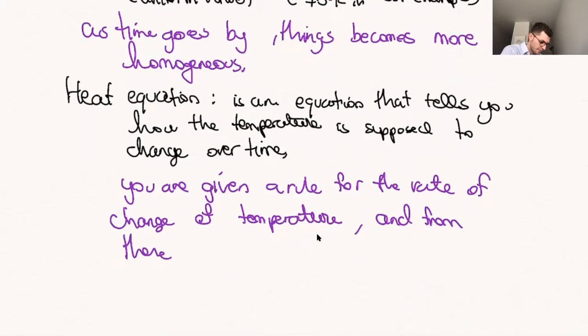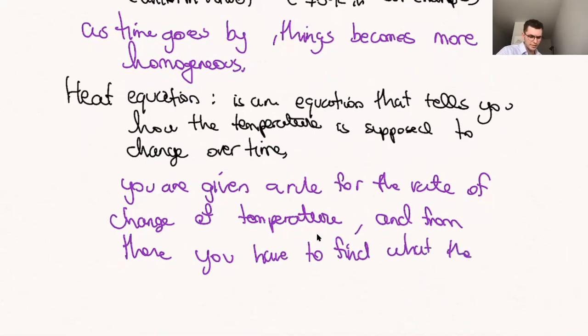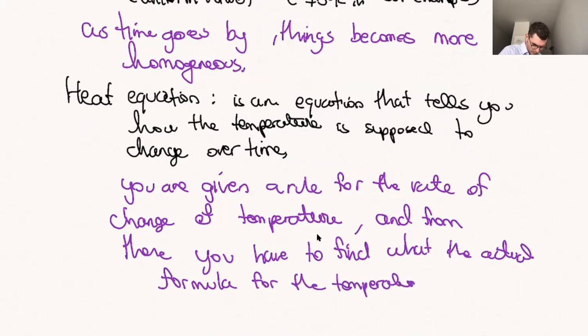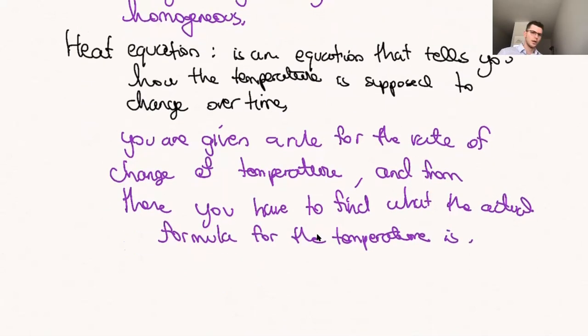So you have what the actual formula for the temperature is, if you want to say it in a more imprecise sense. So essentially, you're given an evolution, a rule for how the temperature evolves, and from there you figure out the expression for the temperature. Okay.